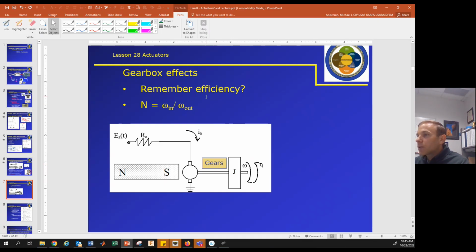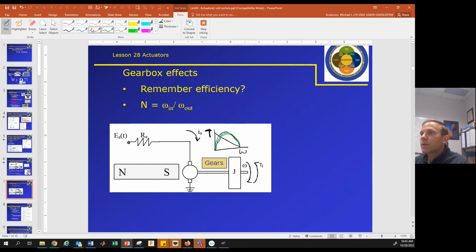Now remember, we talked about how a motor is more efficient running at a higher speed. So if this is our torque speed curve, just use a capital T there for torque. The max power is at the halfway point. So if we drew power, it would look like this, basically a parabola.